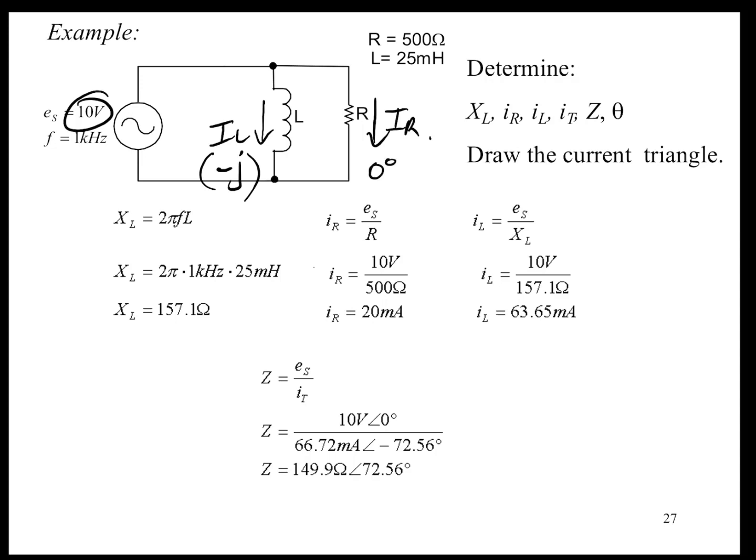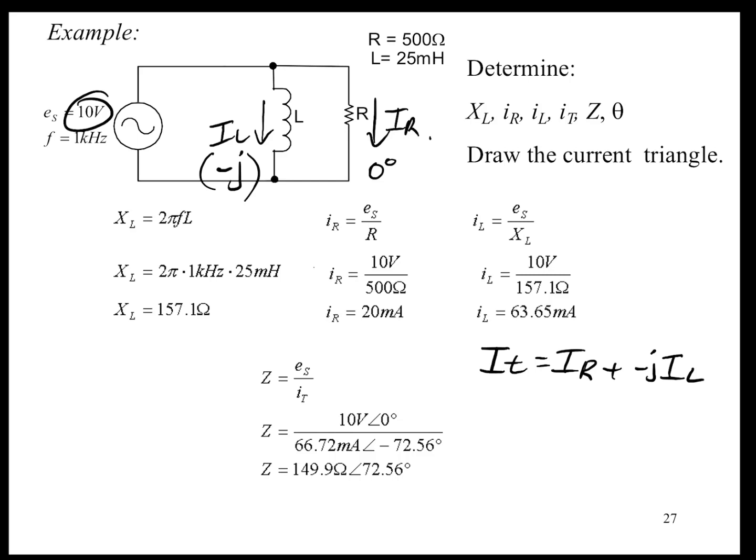Right? This guy is going to be a 0 degree value, IR. So when you're going to add these two together, when you're going to come up with a total current value, your total current, I total, would be your IR plus minus jIL, because we have a lagging current here.